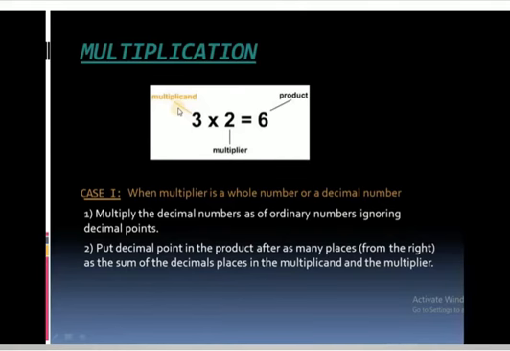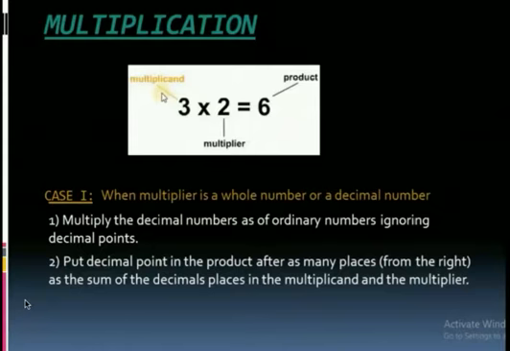You can easily do that by counting the number of digits after the decimal point in each case. For example, in 2.7 after the point you have only one digit, and in 3.7 also after the decimal point you have one digit, right?